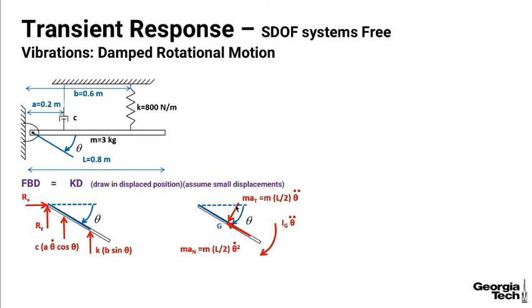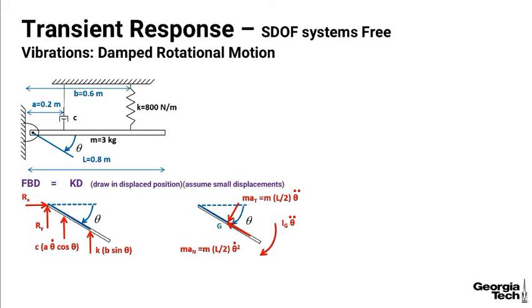I have my mass times tangential acceleration, which ends up being mL/2 theta double dot, which we saw earlier in the course, and our mass times the normal or radial acceleration, which is mL/2 theta dot squared, the angular velocity squared, which again we saw earlier in the course.